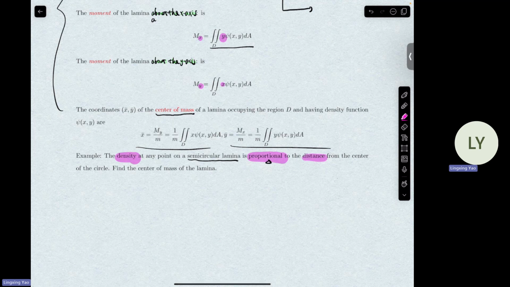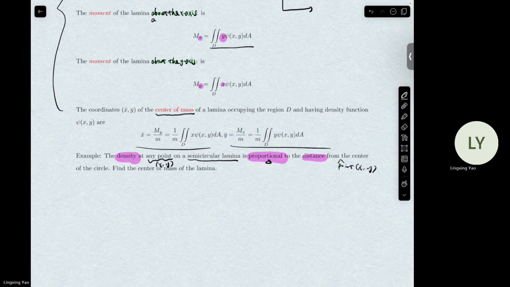What distance? The distance of any point (x, y) to the center of the circle.